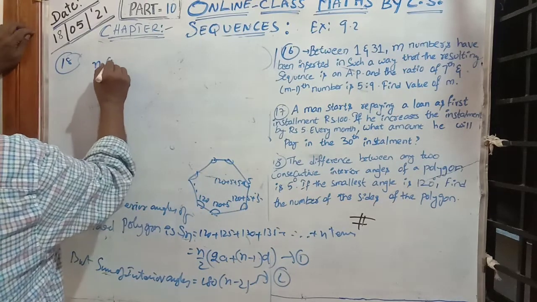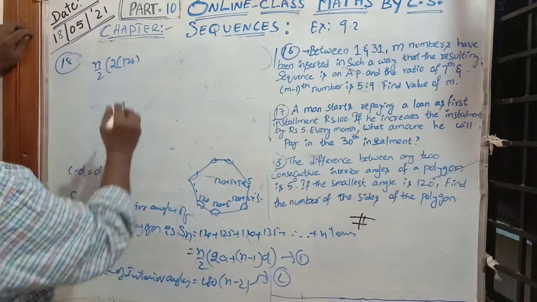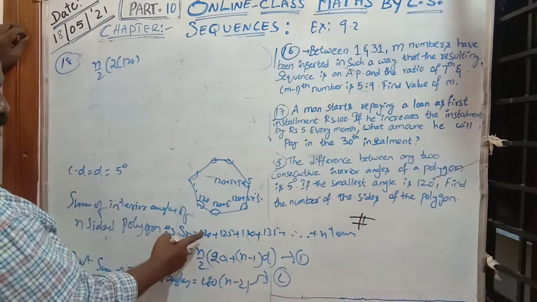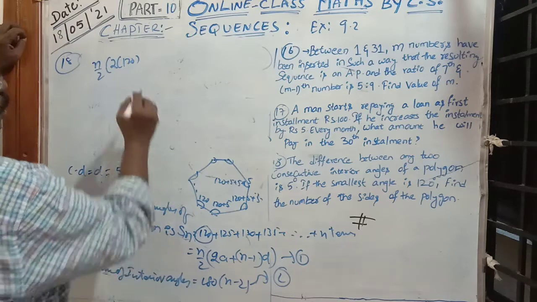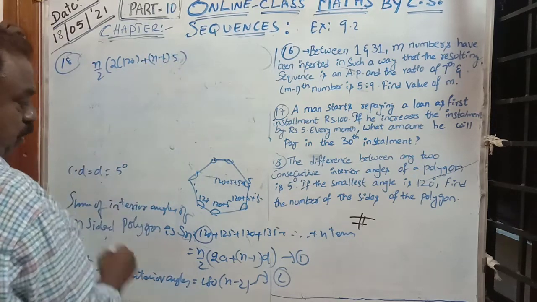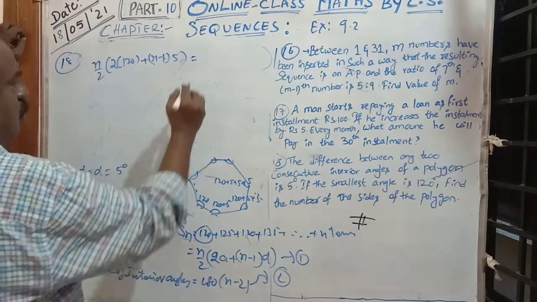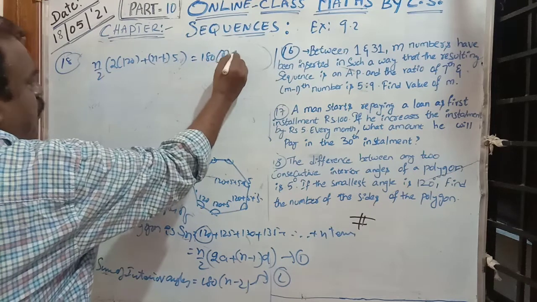That is n by 2 of 2 into 120, where a means 120 degrees in the first one, plus n minus 1 into 5, where d means 5 degrees, is equal to 180 of n minus 2.